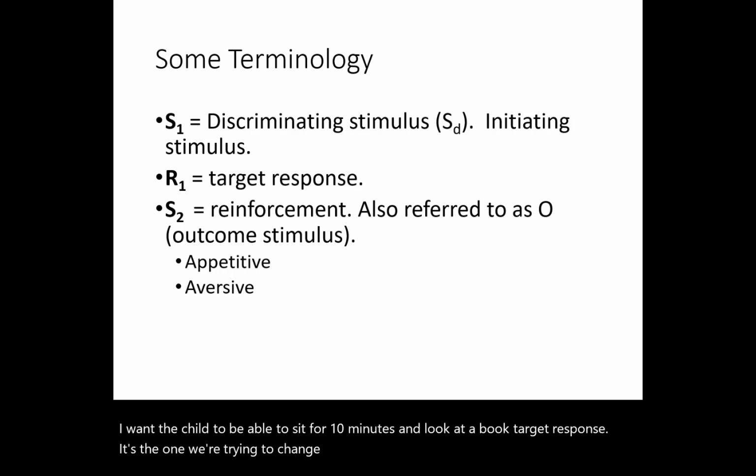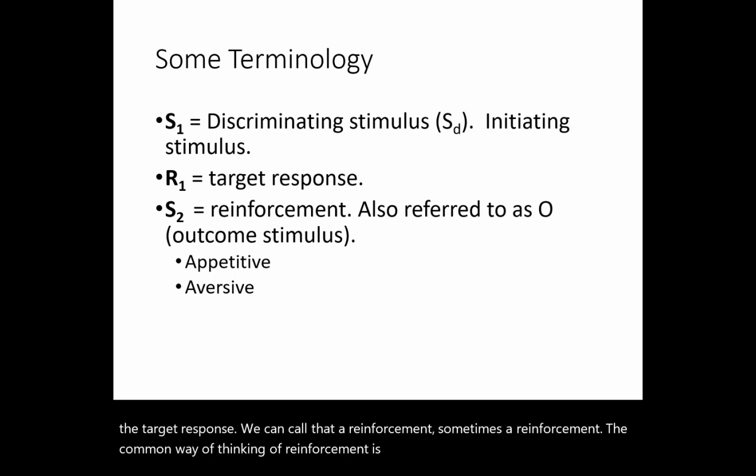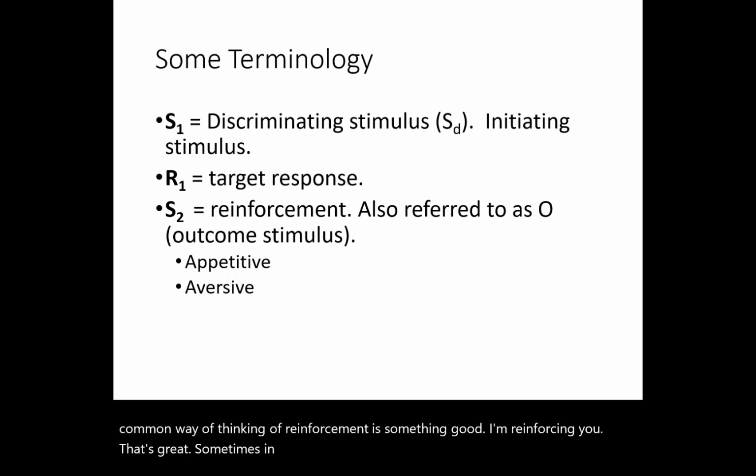Then we have S2. S1, S2. It's the second stimulus after the target response. We can call that a reinforcement. The common way of thinking of reinforcement is something good. I'm reinforcing you. That's great. Sometimes in psychology, we use reinforcement as just a stimulus. It can be a bad thing.